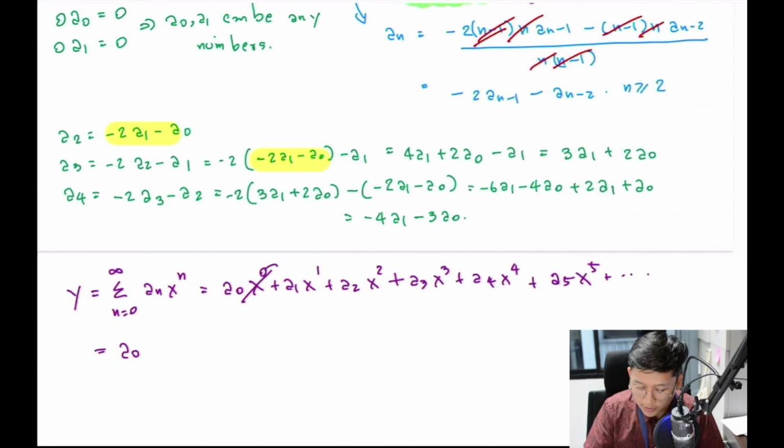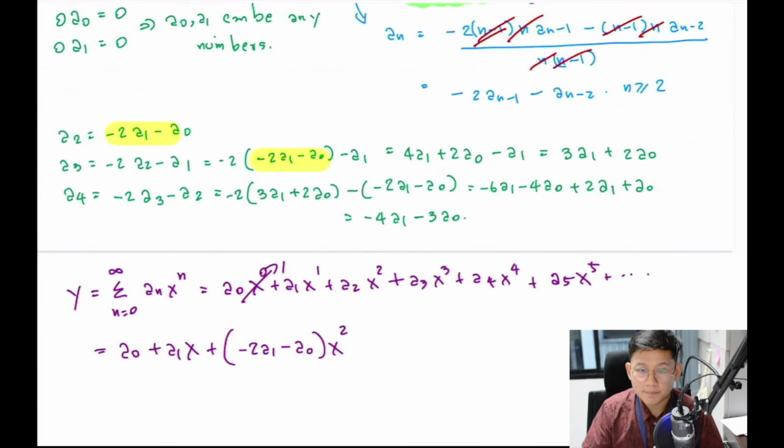Okay, and then that is a0 x to the 0, again is 1, plus a1 x plus a2, which is minus 2a1 minus a0, x squared. Okay, here a2 is here. And then plus a3 would be 3a1 plus 2a0 x cubed.